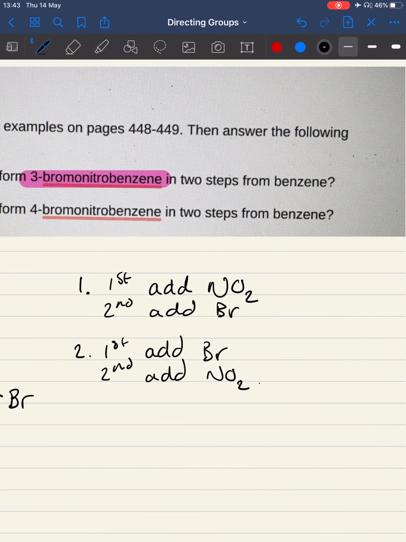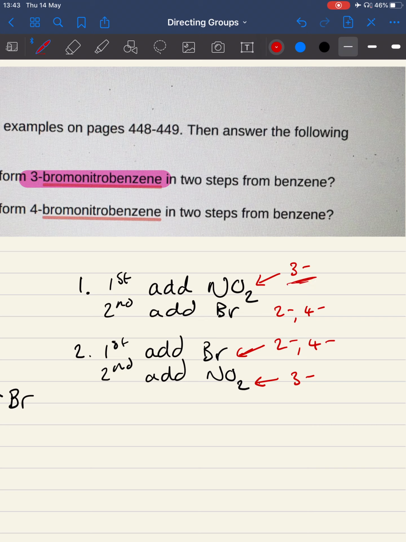Let's add a bit more annotation onto this. This is 3 directing, and this is 2 4 directing. This is 2 4 directing, and this is 3 directing. So if we add in the NO2 first, then that means that anything else we add in subsequently, anything else we try to substitute in, is going to be directed to 3.